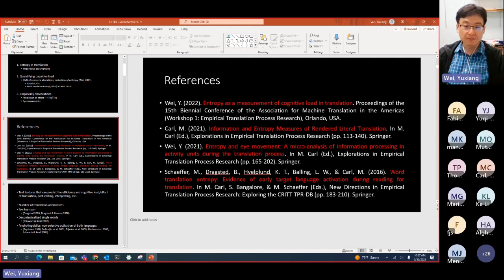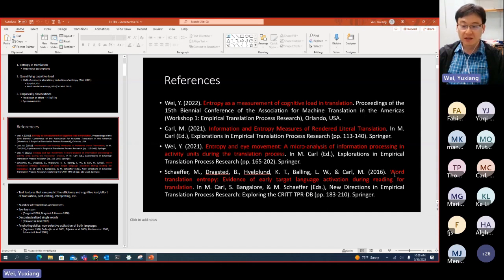And there are also two chapters here in 2021 in a book called Explorations in Empirical Translation Process Research. They are both part of a section in the book that specifically explains entropy and how entropy can describe the translation process.